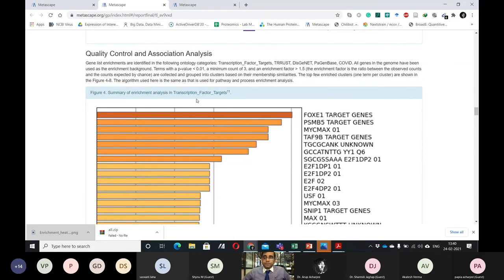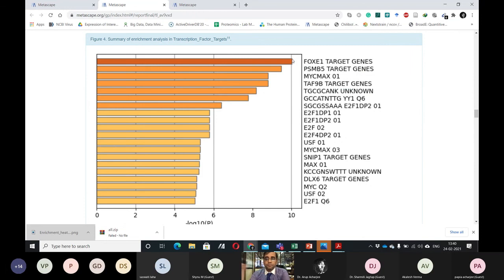I was talking of transcription factor targets. So these are the transcription factors and how many proteins, or genes rather, were the target of these transcription factors. So if you want to understand the transcription factor biology of the proteome you are studying, then this tool is very important.